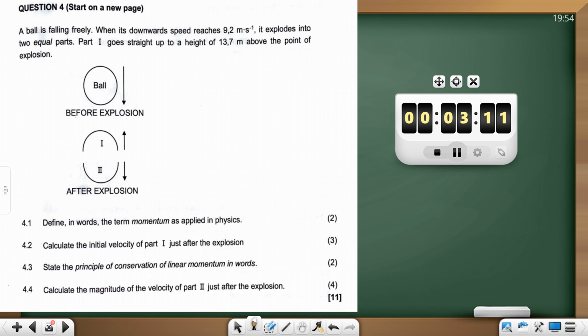Okay, I think we can quickly mark this. Let's see. Probably we don't even need an extension, but let's see.